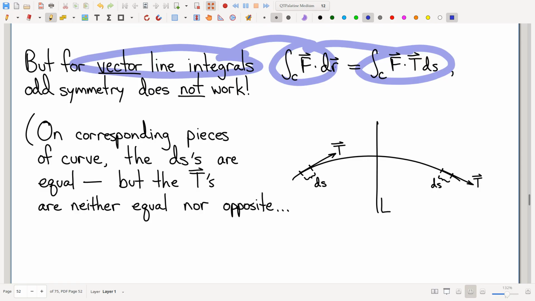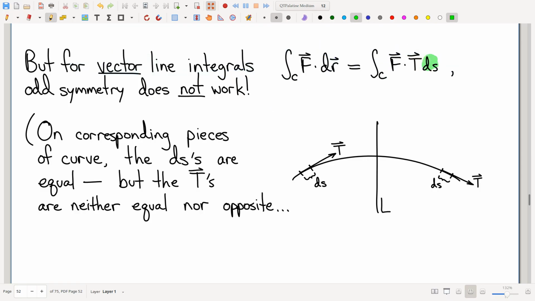But anyway, in this form, you can kind of see part of the argument for why scalar line integrals work. That little ds and this little ds, little mirror image chunks of the domain, have the same size, so the ds agrees on both sides, and then you get a minus sign from the oddness. You see how the cancellation would work.